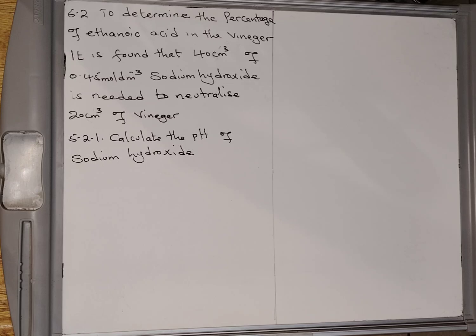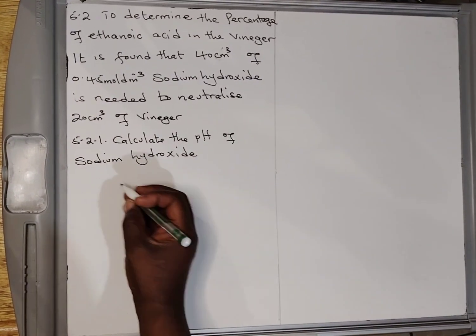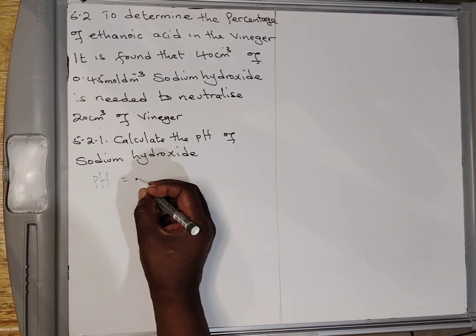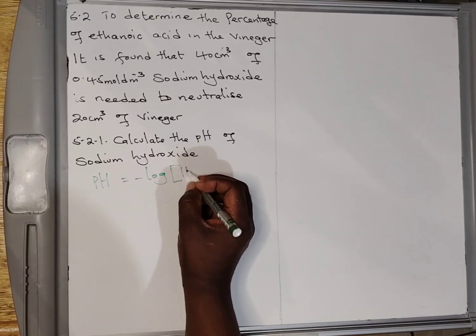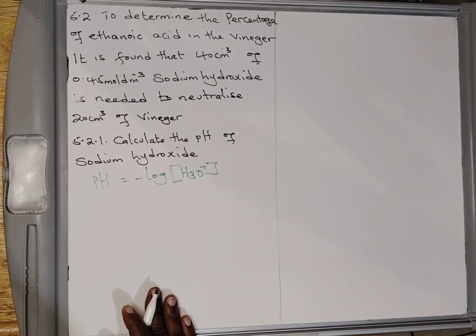In this case, we have to remember that pH is equal to negative log of the hydronium ion concentration.